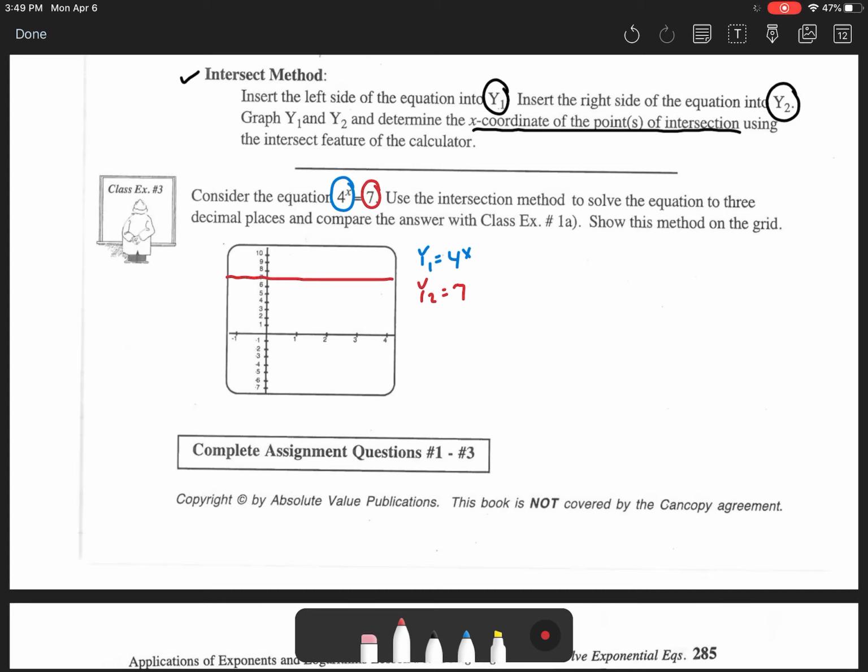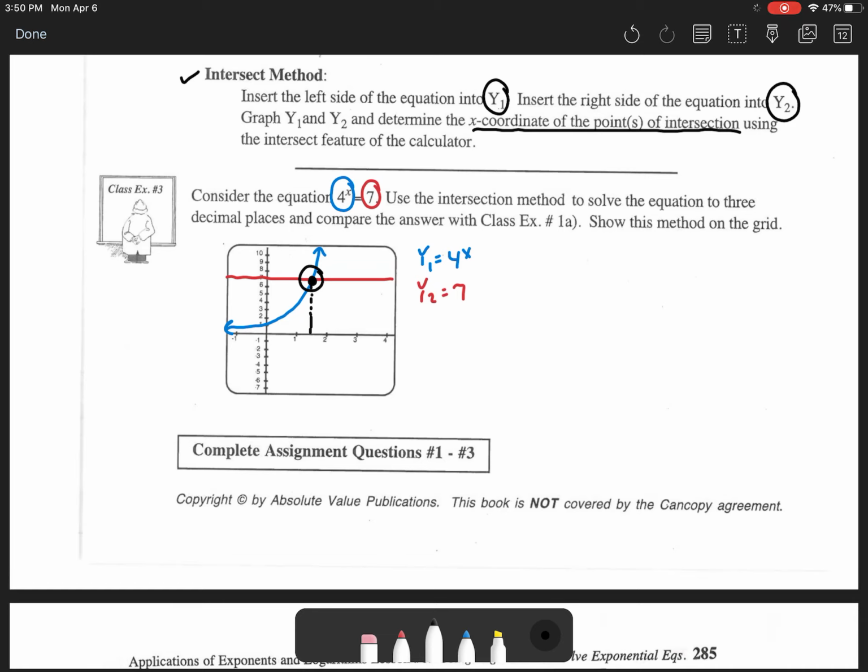It is a perfectly horizontal line at 7. And then when I take 4 to the exponent of x, it is going to basically be an exponential graph that goes up like this, right through there. So what I'm really looking for, again, like they mentioned, is the x-coordinate of where the two graphs intersect.